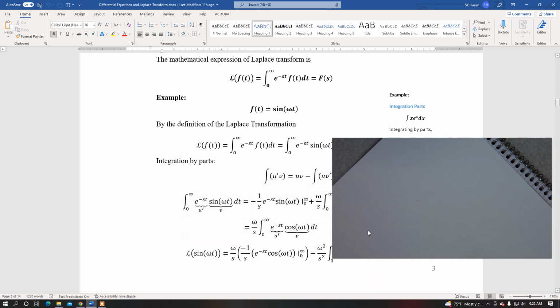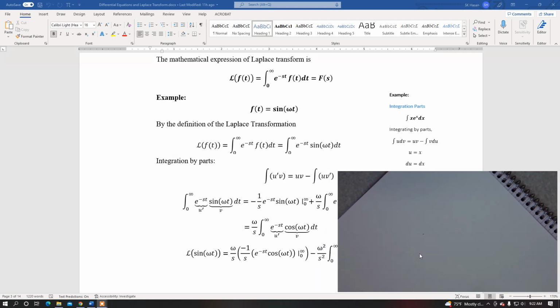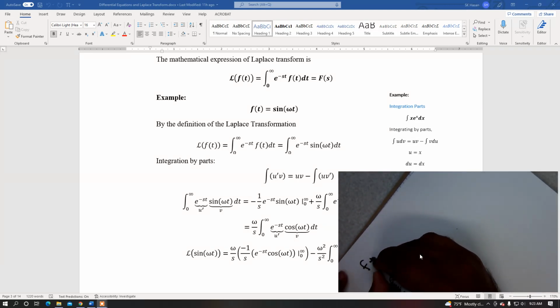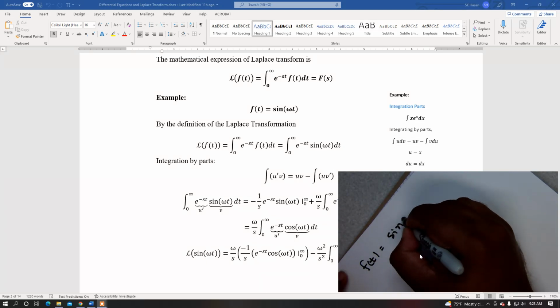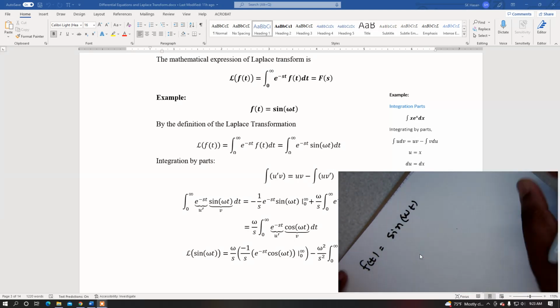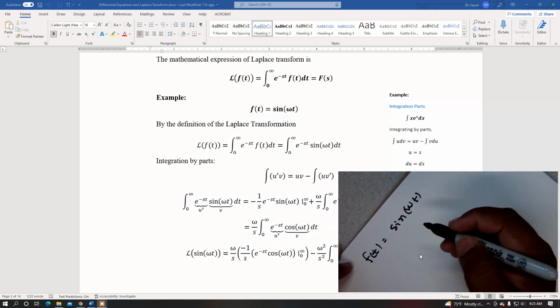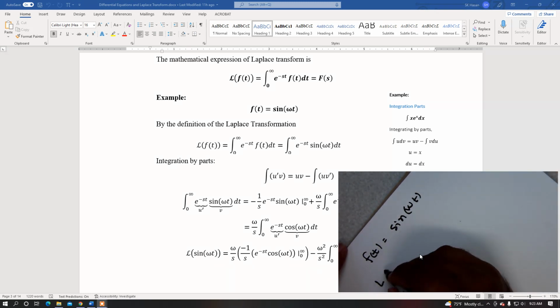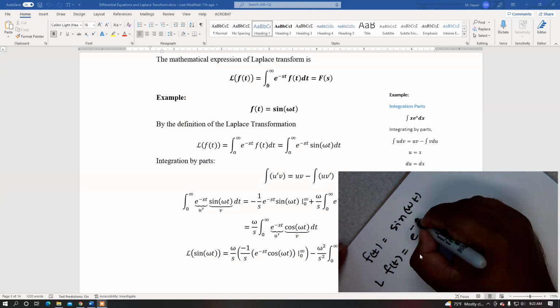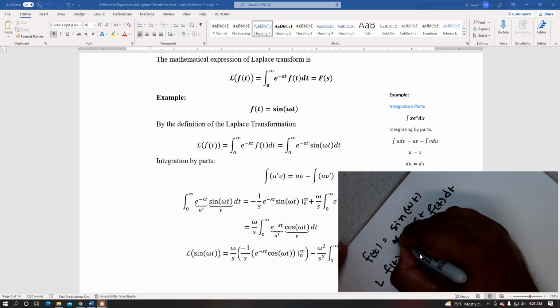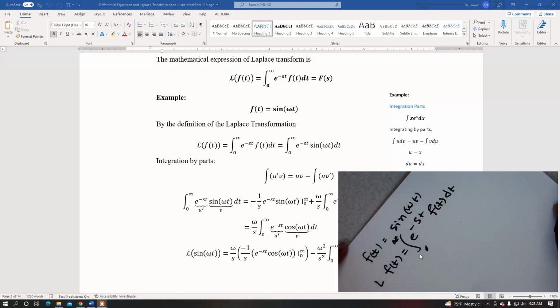So now I will show you the Laplace transformation of sine omega t. Which means that if f(t) equals sine omega t, then from the definition of the Laplace transformation, the Laplace transform of f(t) equals the integral from 0 to infinity of e to the power minus st f(t) dt, right?